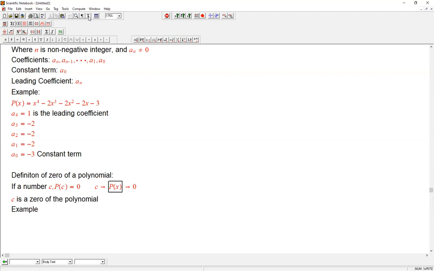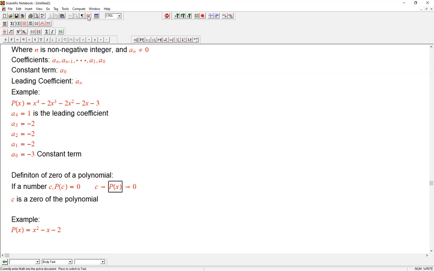Example. Suppose I have a polynomial which equals x squared minus x minus 2.